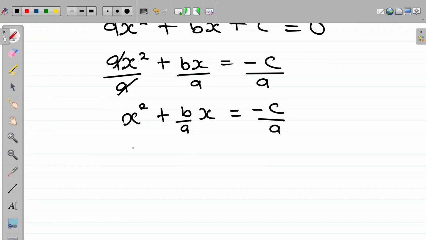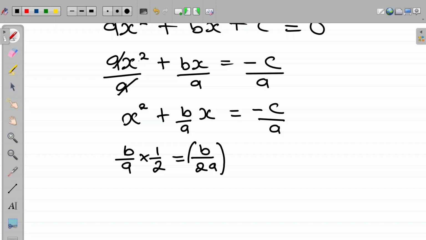Now, the next step is that we multiply the coefficient of x, which is b divided by a, by half and square it. So we have that b divided by a multiplied by 1 divided by 2 is equal to b divided by 2a. Now we are going to square it and add it to both sides.